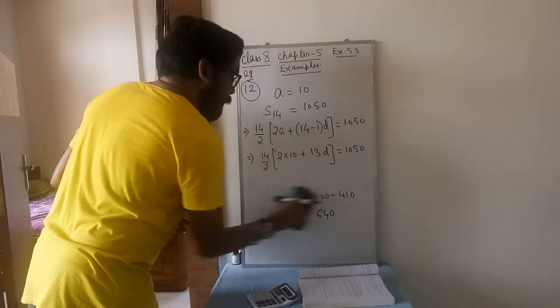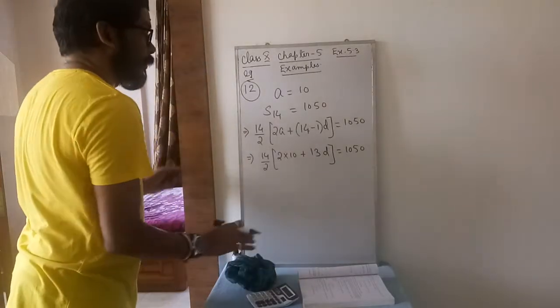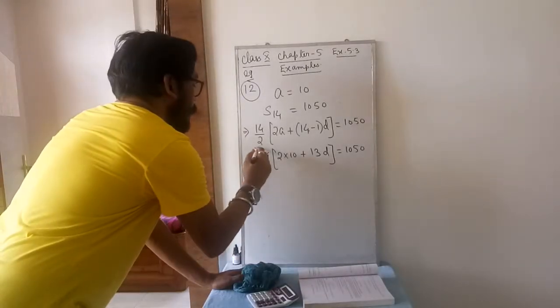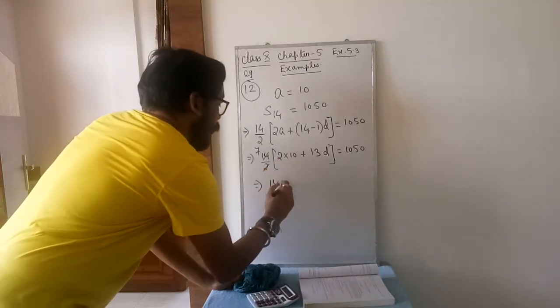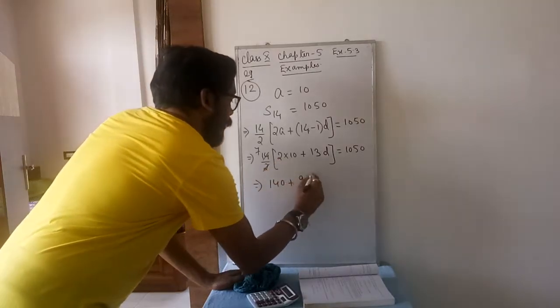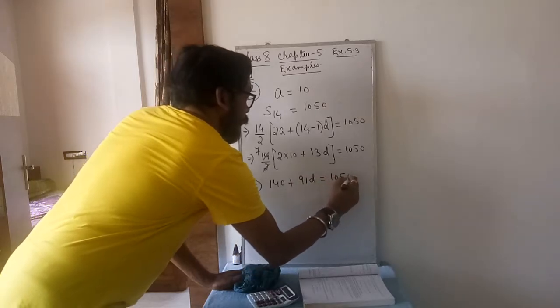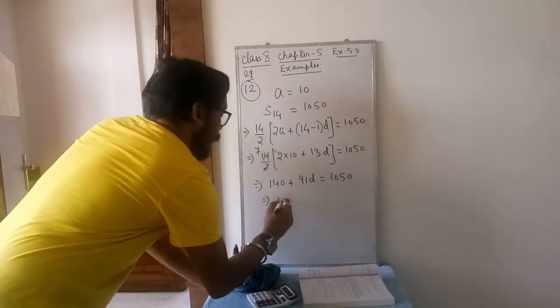Let me do one thing here. If you cancel it, it is 7. So 7 into 14 is 98, plus 140, it is 91d equal to 1050. So I have to find the value of d.